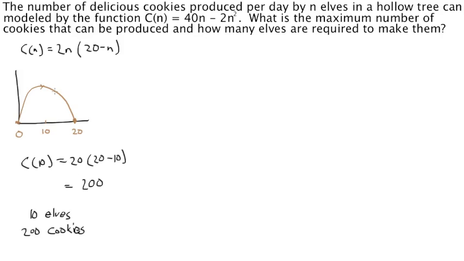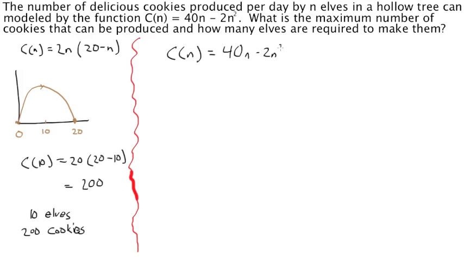Now, suppose that we didn't have a function that was so easily factored. Let's take a look real quick at how we would handle this using our vertex form of a quadratic. So just like our previous examples, this is 40n minus 2n squared.